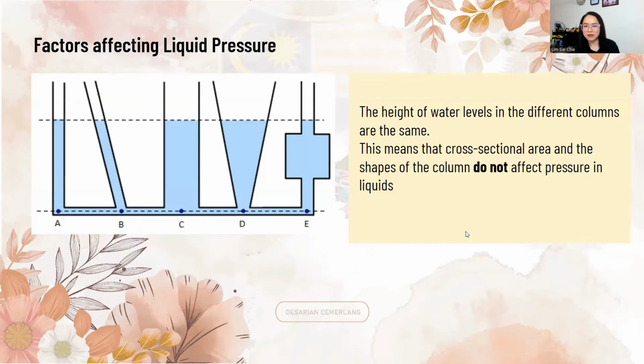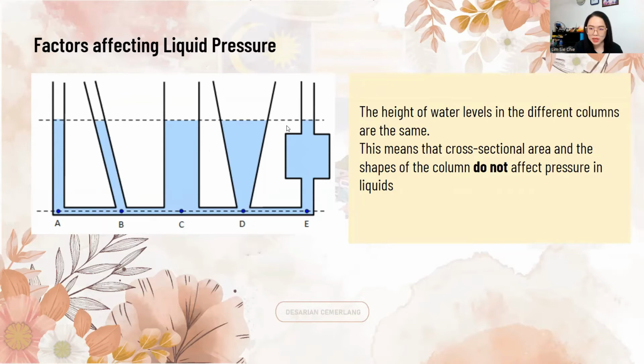Now, there's another very interesting fact here. If you were given these types of columns and you fill water into them, you find out that the height of the water levels in these different columns are all the same.